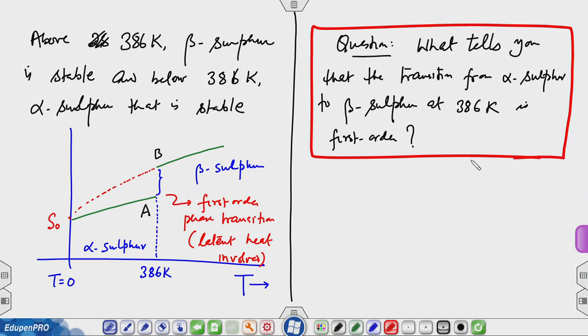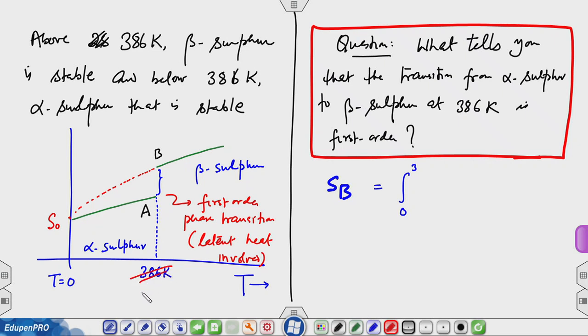Now I can calculate the entropy at B in two different ways. One is by integrating from 0 to 368 K, we're writing this wrong, let me just correct this.